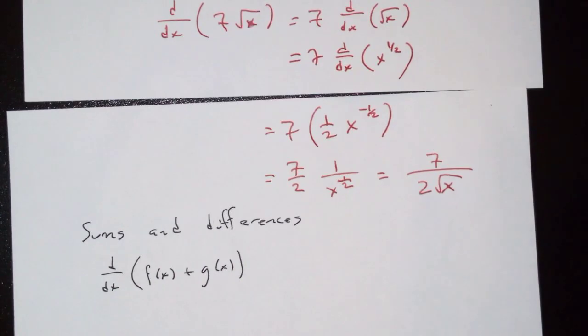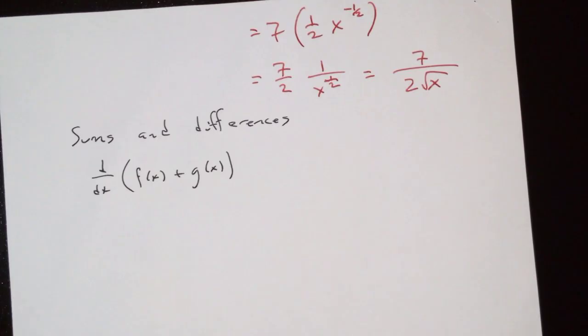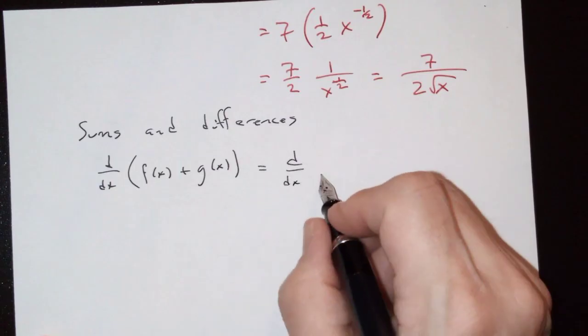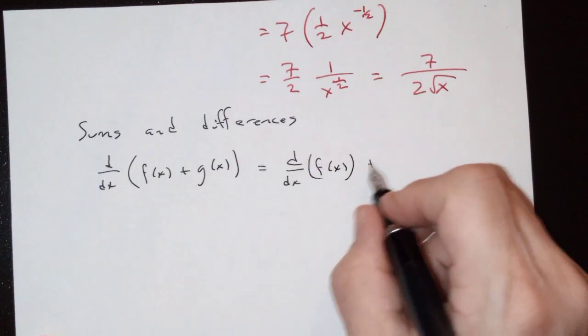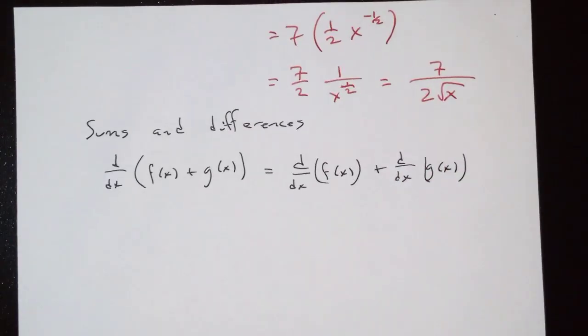If I take the derivative of 2 things added together, I can take the derivative of each one and add those. I'm writing this in that d/dx notation because I like to think of it that way. If I want to do this to a sum, I do it to each piece.